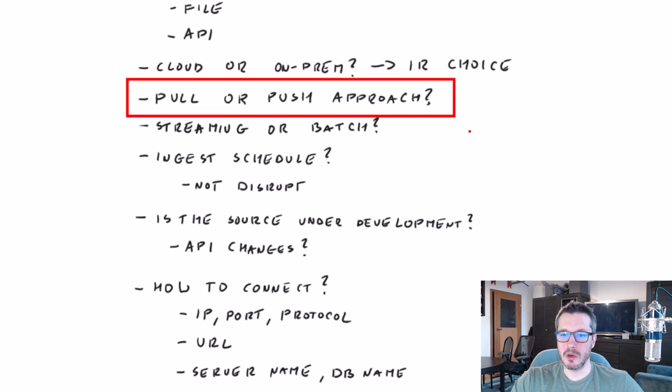Then, is it a pull or push approach? So mainly, is it us, our solution, that is connecting to the API and grabbing the data? Or is it the source that somehow pushes the data to us? In our case, it will be us calling the API, so it will be a typical pull approach.